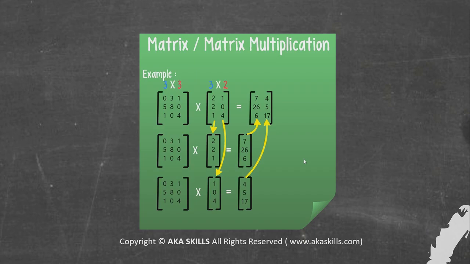If you see it for the first time, of course, it's a little bit complicated. But yeah, I hope you understood this. And as we said before, the result matrix takes the first dimension of the first matrix and the second dimension of the second matrix as dimensions.